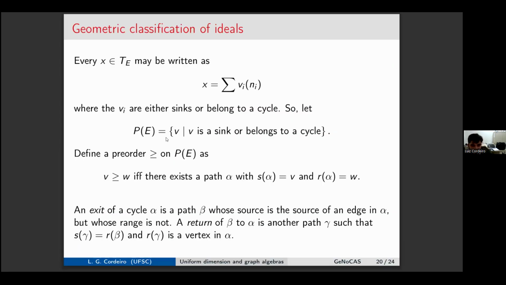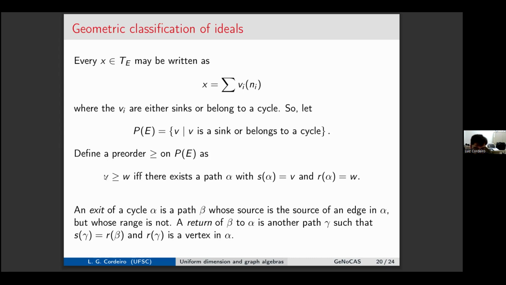So we consider the collection of all these vertices, which are either sinks or that belong to a cycle. And we have a pre-order, which I think is what Guilherme was talking about, the path order on the space of vertices.